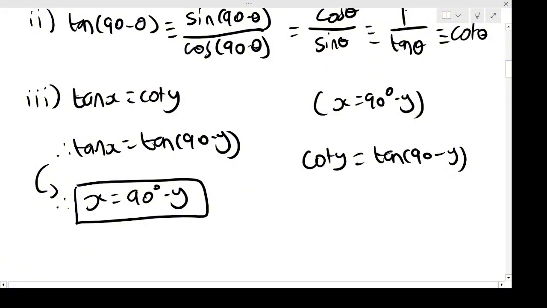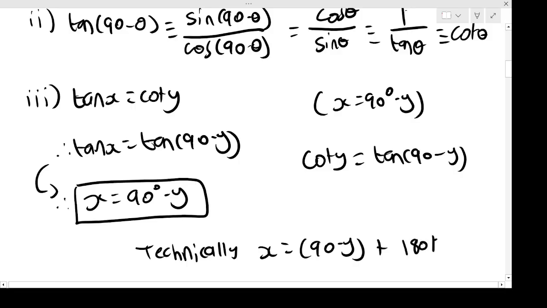Technically, if we were to compare tan of two angles, we'd be saying x is 90 take away y, and then tan repeats every 180 degrees. So it's going to be multiples of 180, so 180k, but k is just a multiple.